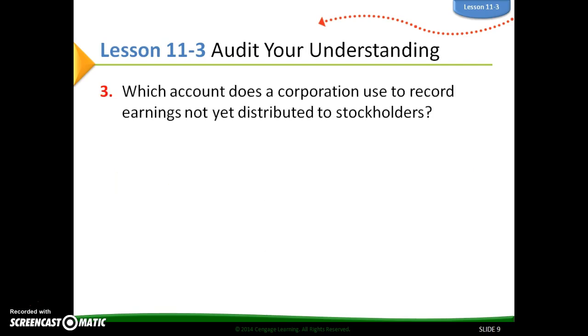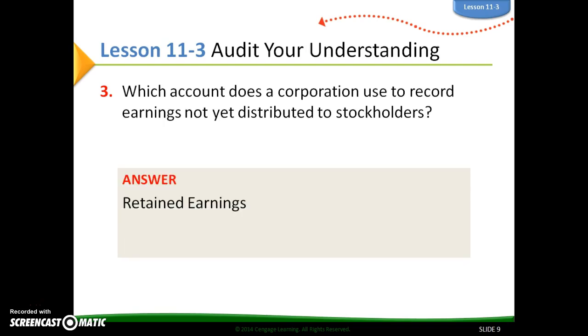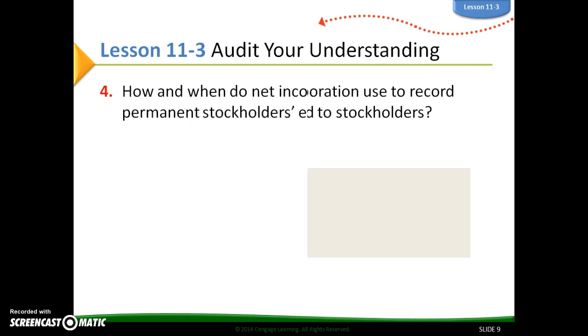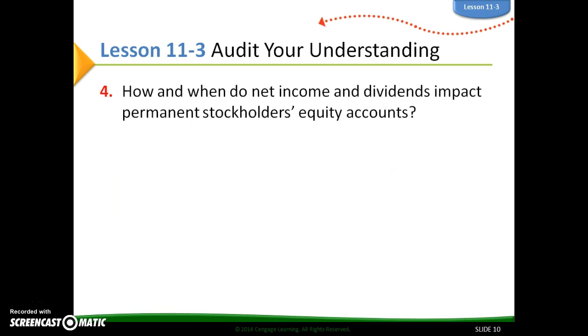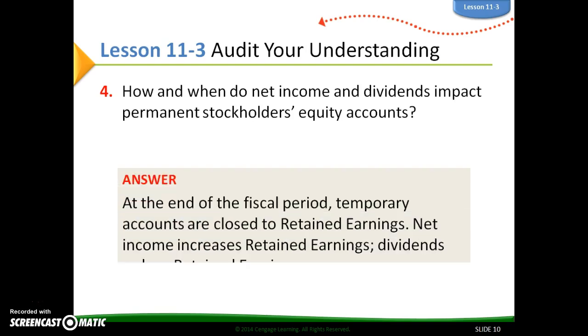Which account does a corporation use to record earnings not yet distributed to stockholders? You would think about this as earnings not yet distributed. That's retained earnings. That's the money that the company chooses to leave in the business. How and when do net income and dividends impact permanent stockholders' equity accounts? At the end of a fiscal period, temporary accounts are closed to retained earnings.